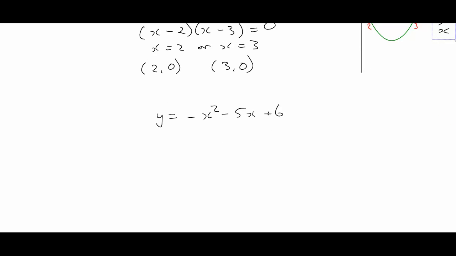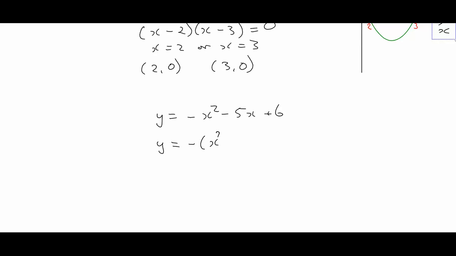Supposing we have a negative x squared term, so a in this case is minus 1. Well, we do the same thing again, but with an added step. Factorize the quadratic by taking out the factor of minus 1.